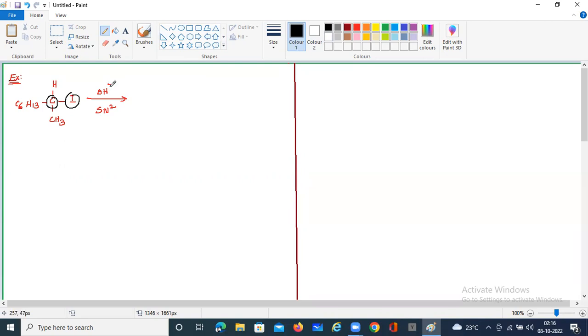OH minus is the attacking group, అది కూడా బ్యాక్ బాండింగ్ అంటే opposite side of the leaving group. Then how can you give the answer? OH, CH, CH3 and here C6H13, isn't it na? That's it, very simple.